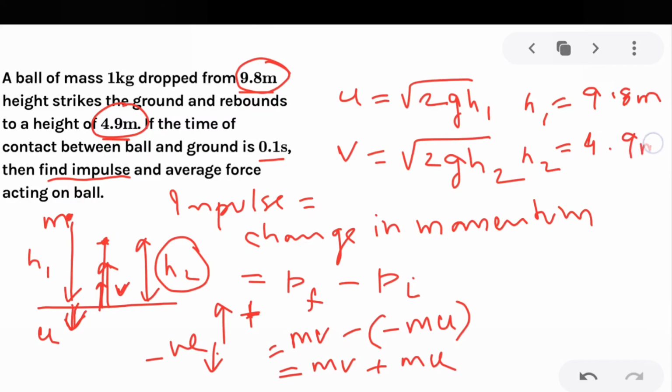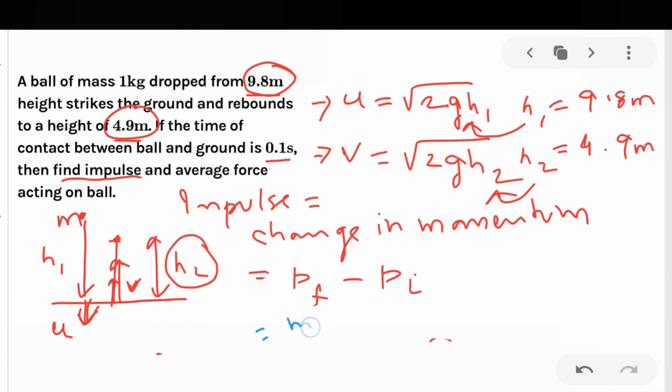So we have to just plug in these values of h2 and h1, and then get the value of v and u. Those values, if you substitute, this can be further written as m times v plus u, where v and u are these quantities.